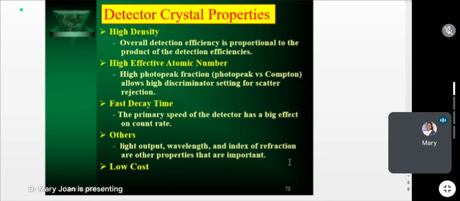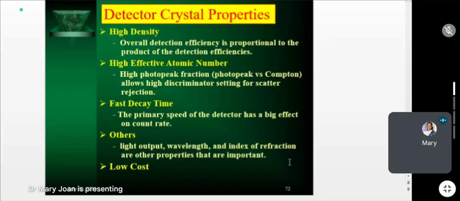And the crystal properties for the detector: we need high density, so overall detection efficiency is proportional to the product of the detection efficiencies, and high effective atomic number and high photopeak fraction. Photopeak versus Compton allows a high discriminator setting for scatter rejection. Fast decay time matters because the primary speed of the detector has a big effect on the count rate.